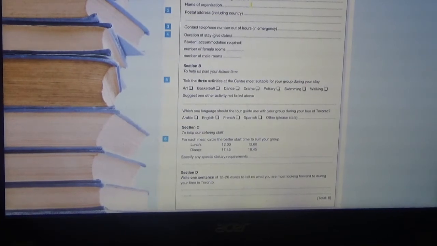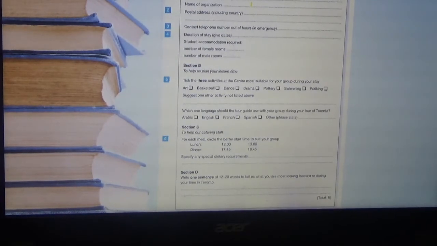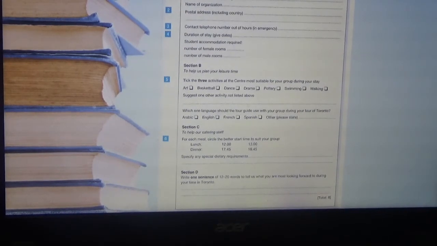Now, you have to read the form very carefully and make sure you provide the exact information needed. Here, some items are numbered, so we will be guided in learning how to deal with questions like this, with exercise 3 questions in the reading part of the question paper in ESL reading and writing.